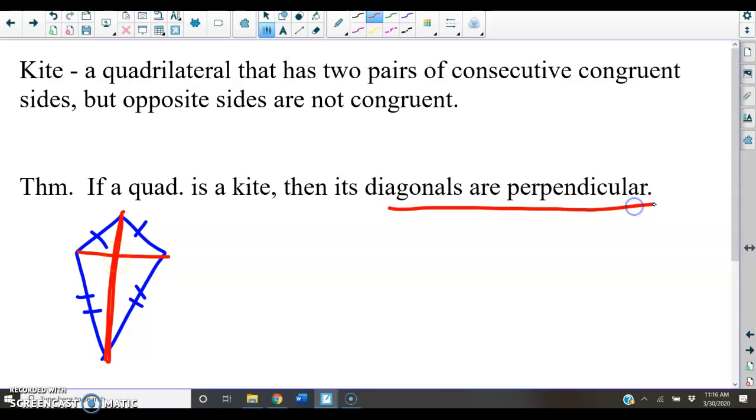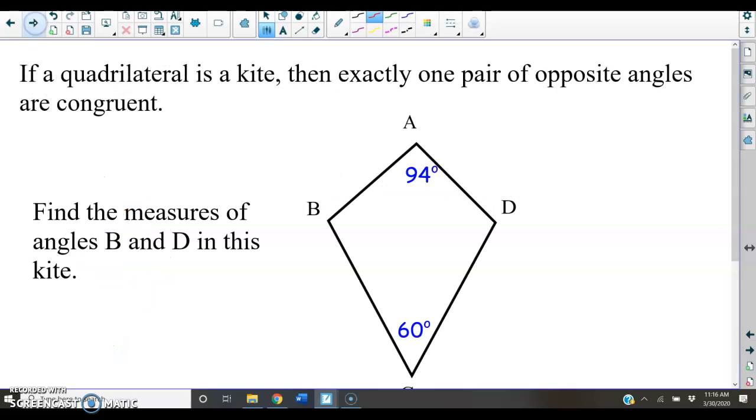So diagonals are perpendicular. Sounds like a rhombus, but what's different? A rhombus has all 4 sides congruent. A kite does not. Okay, make sure you meet them halfway. Okay, if a quadrilateral is a kite, then exactly 1 pair of opposite angles are congruent. Okay, this angle and this angle have to be congruent. Because remember, these two are congruent.